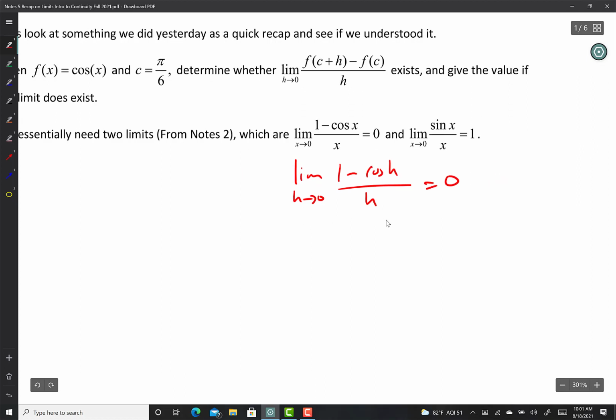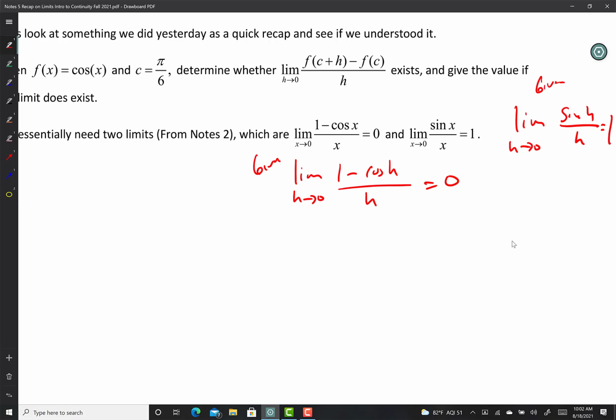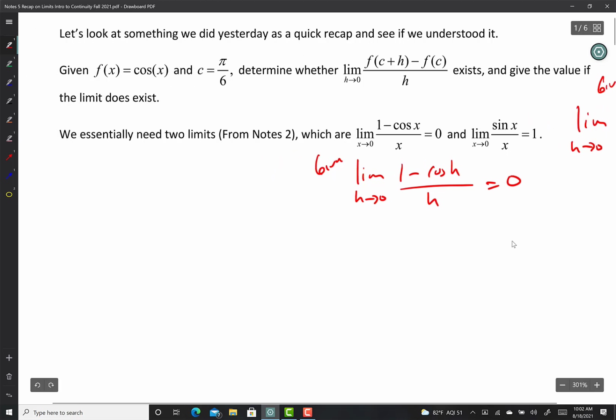And then this one you guys already know: limit as h approaches 0 of sine h over h, and that equals 1. Those are given. Are we still okay? Nothing crazy. I haven't done anything yet.